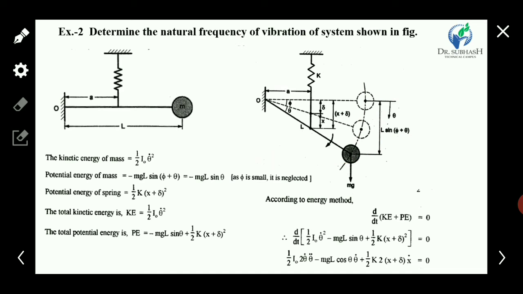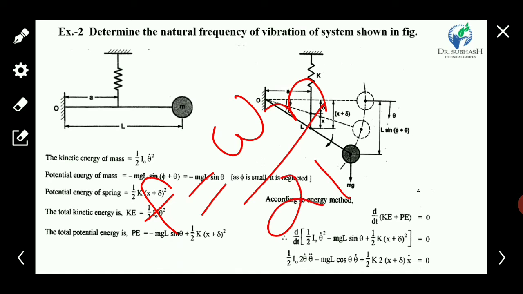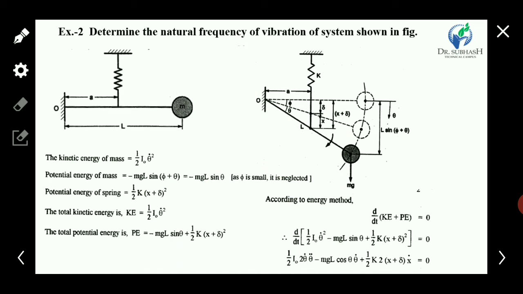Okay, so now to find the natural frequency, we use the equation omega n upon 2 pi. So we have to find the circular natural frequency omega n, and how do we find that?